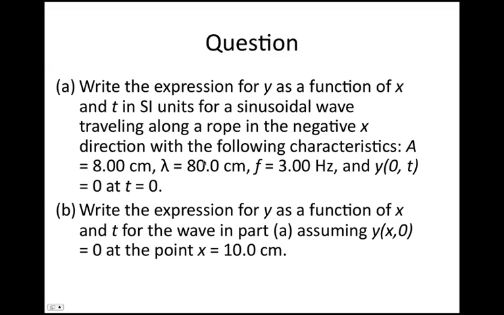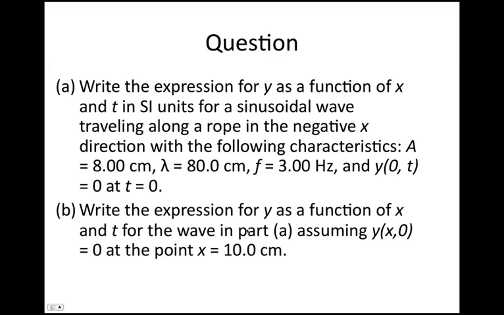And then one final question. Write the expression for y as a function of x and t in SI units for a sinusoidal wave travelling along a rope in the negative x direction with the following characteristics. The amplitude is 8 centimeters, the wavelength is 80 centimeters, the frequency is 3 Hertz, and the height at x equals 0 and time t equals 0 is 0.